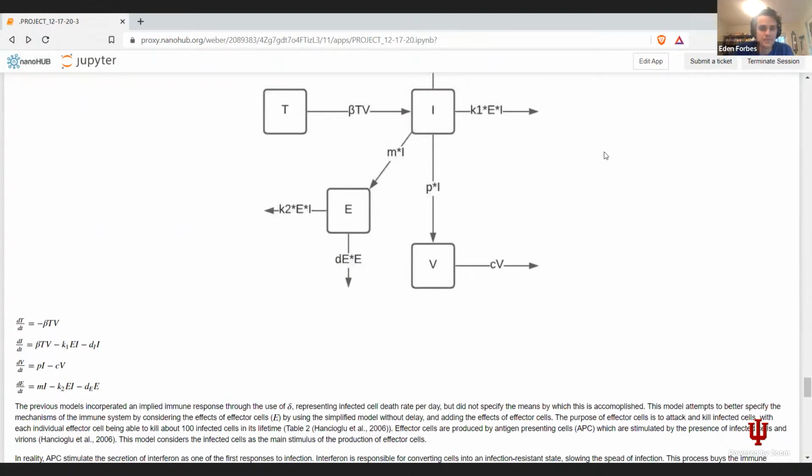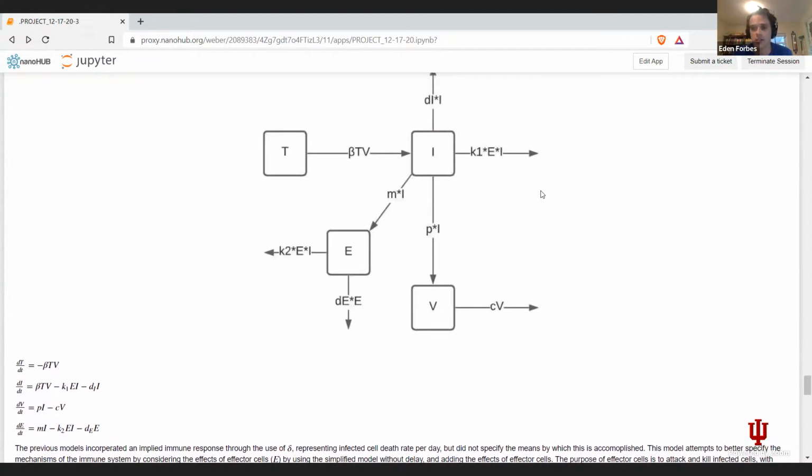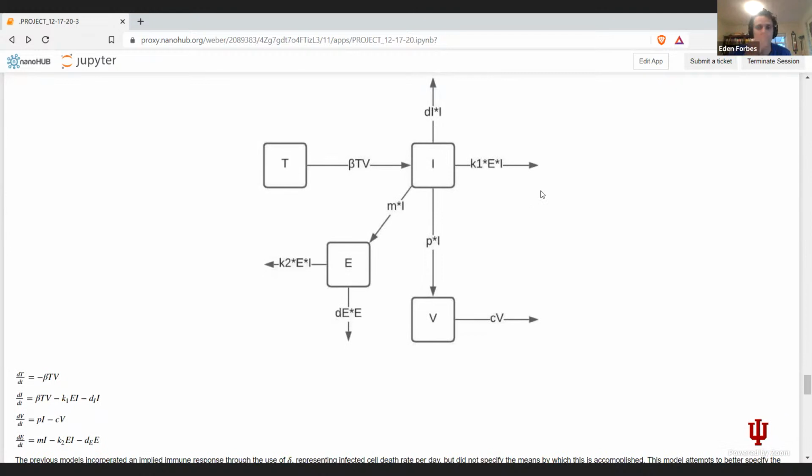So in this case, this is the third model that they provide, and this reverts back to that first one. There's no delay in this one, so there's no interferons. There's only one type of infected cell. The addition here is that you have another cell type E, which are these effector cells, which are supposed to model going in and having cells that kill the infected cells before they're able to release virus into the system, or while they're releasing virus into the system.